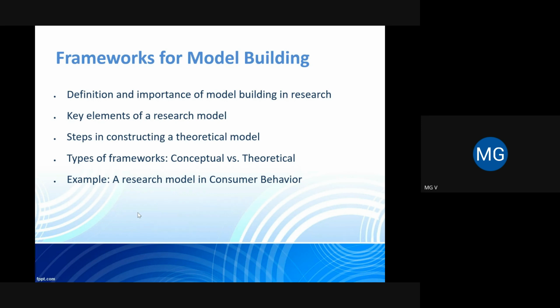Constructing a theoretical model involves identifying key concepts, establishing relationships, and integrating findings from literature. Conceptual framework offers broad explanations, while theoretical frameworks rely on existing theories. For instance, a study on consumer behavior may use the theory of planned behavior to explain purchasing intentions. By structuring the study within the framework, a researcher ensures coherence and scientific rigor.